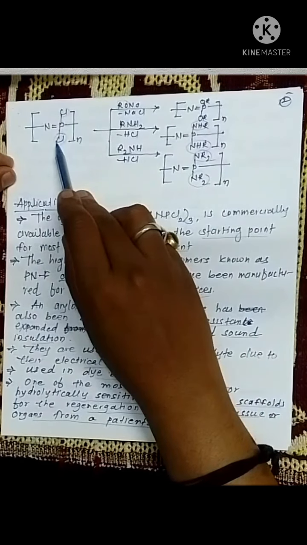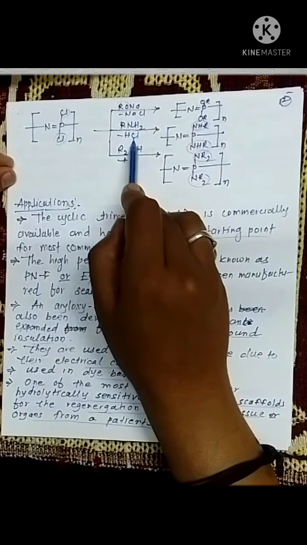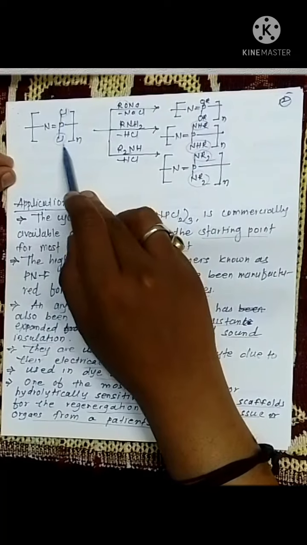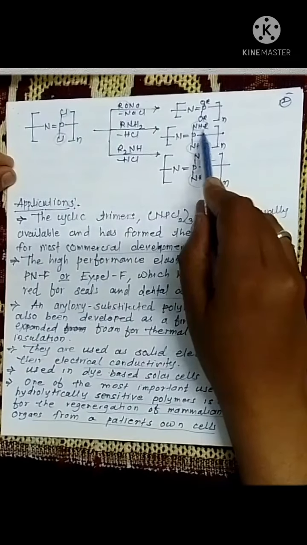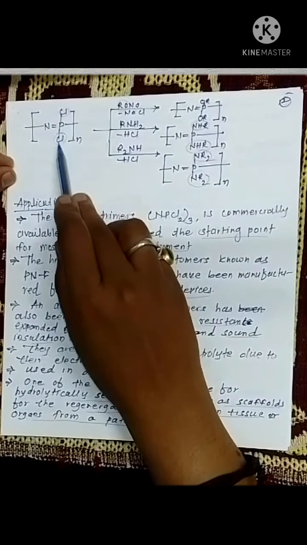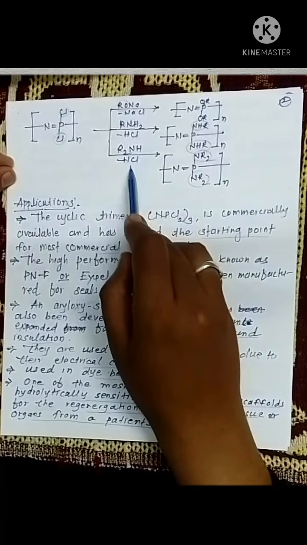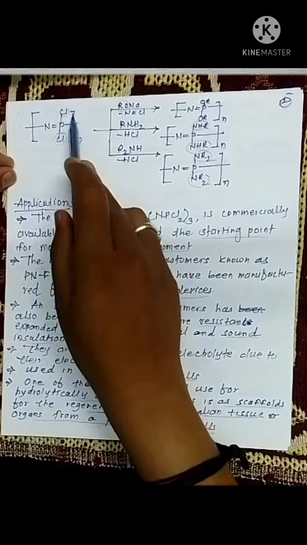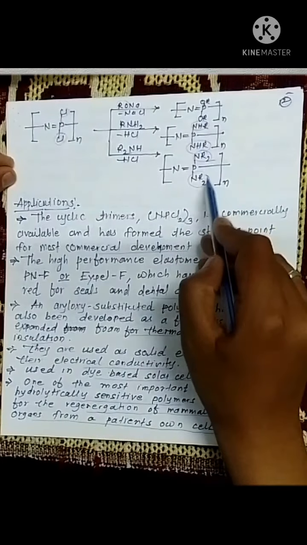If this polydichlorophosphazine is reacted with primary amine, then these two Cl groups are easily replaced by NHR units. If it is reacted with secondary amine, we see that the 2 Cl are replaced by NR2 units.